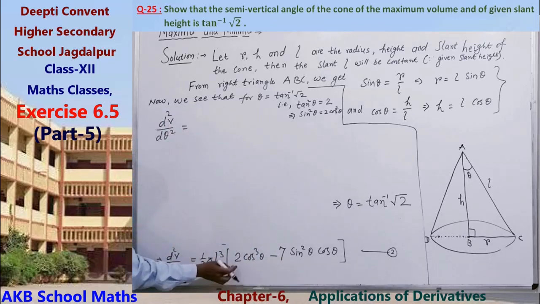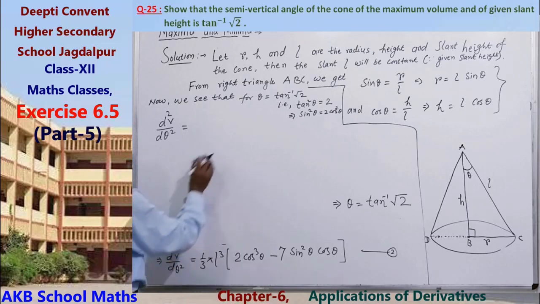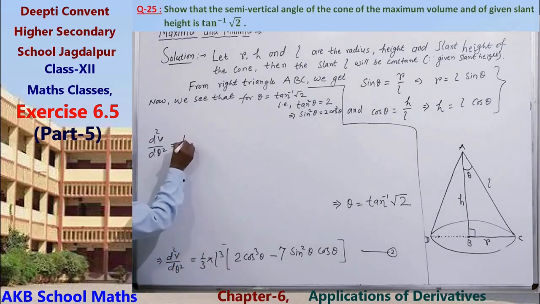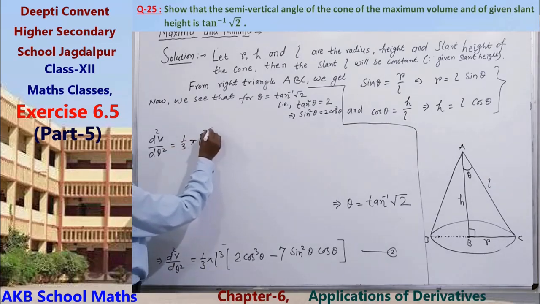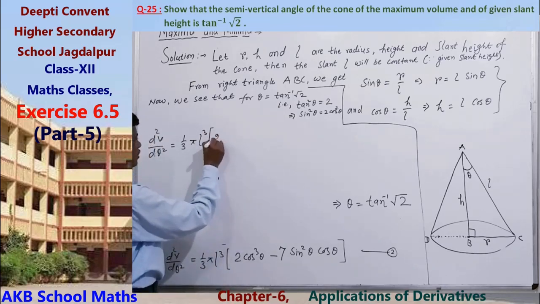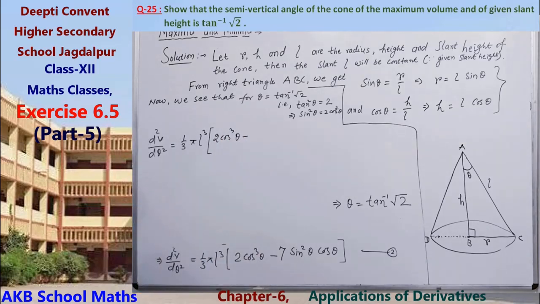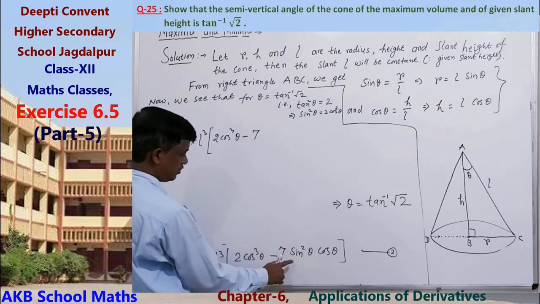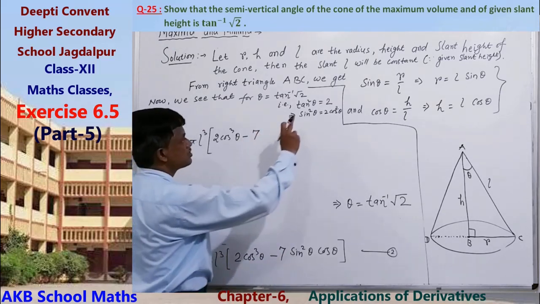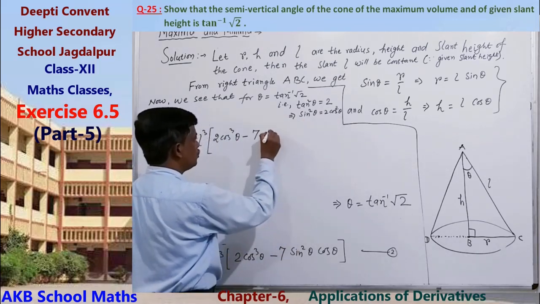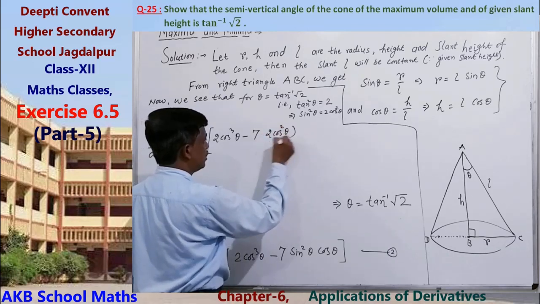So the sign of the second derivative, d2V by d theta square, equals 1 upon 3 pi L cube, 2 cos cube theta minus 7 sin square theta cos theta, with 7 sin square theta equal to 14 cos square theta.